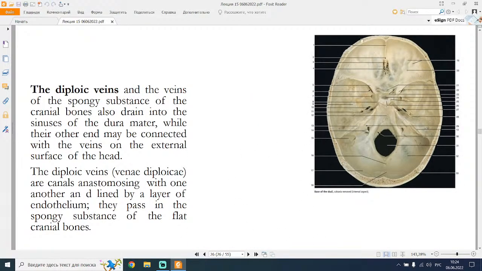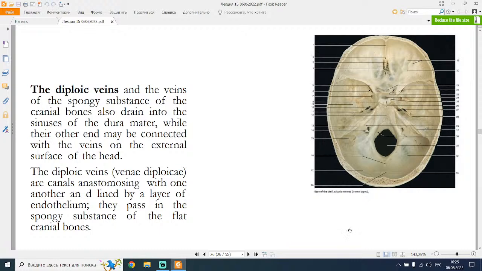Next, the diploic veins and veins of the spongy substance of the cranial bones also drain into the sinuses of the dura mater, while the other end may be connected with the veins of the external surface of the head.